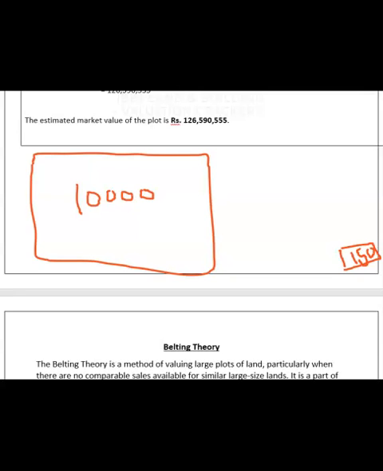To calculate this large size plot, first this plot is divided into similar size plots so that it can be sold. As per municipality norms and urban development authority norms, how much garden area will be there, what is the minimum size of roads, and how much open land or other utility land is required.